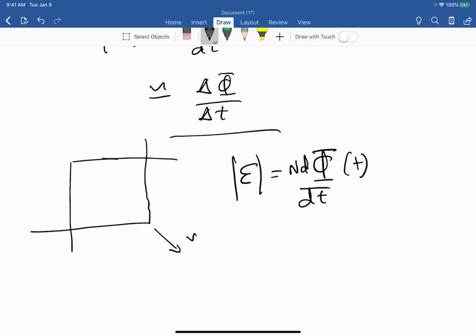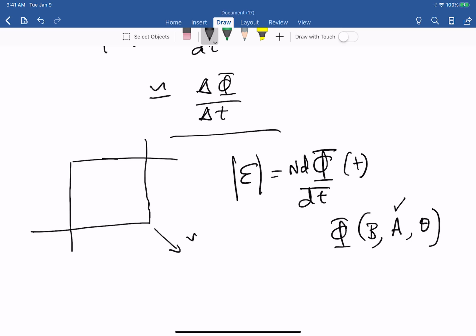In this case, the flux is changing. So normally the flux depends on three things. It's a function of the magnetic field, it's a function of the area of the loop, it also depends on theta, right? So in this case, it's A which is causing the flux to increase. So let's try to express the flux as a function of area, I mean as a function of time.